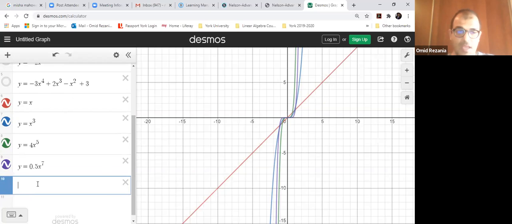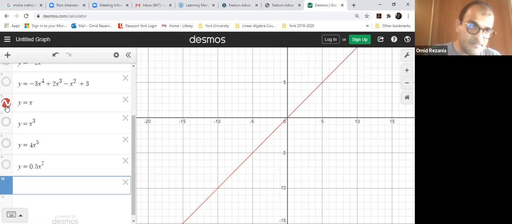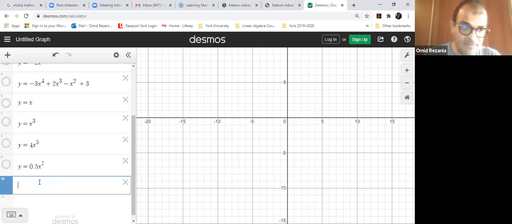Now, you can ask yourself, what about the second defining criterion, a negative leading coefficient? Let me erase these ones. We want to compare them.